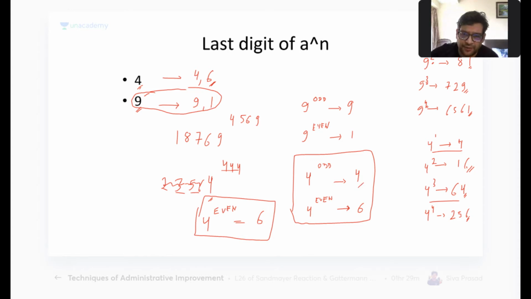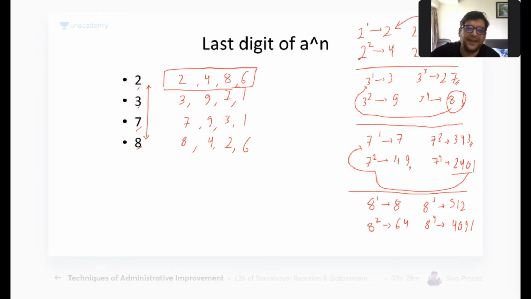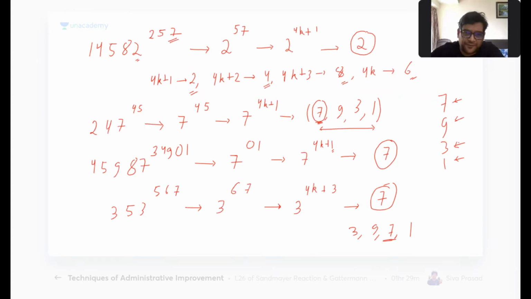When the power is odd, you get 4. When the power is even, you get 6. In case of 9 also, you get two answers depending on whether the power is even or odd. And finally, the last case where these were the cycles which were obtained. And depending upon the cycle, we took a few examples to explain how you can actually calculate this.